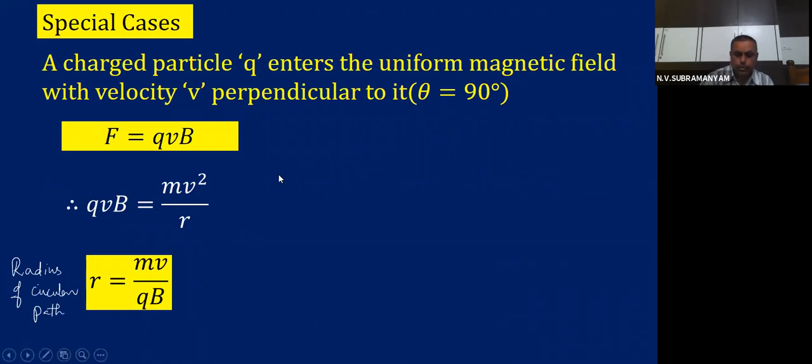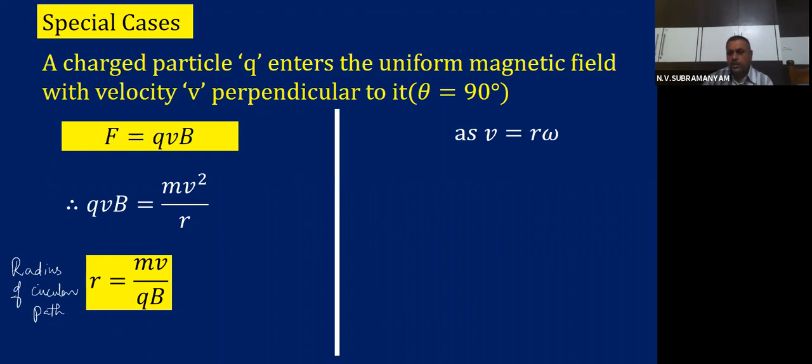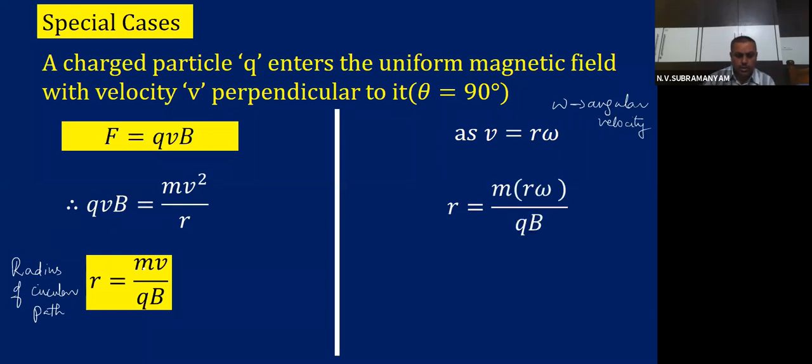Then continuing with the derivation, you know that V is R omega, where this omega is nothing but what? You studied in first year, angular velocity. What is that? Angular velocity of the particle. You proved already in your first intermediate that V is R omega. So substitute that. In the place of V, what will come? R omega.